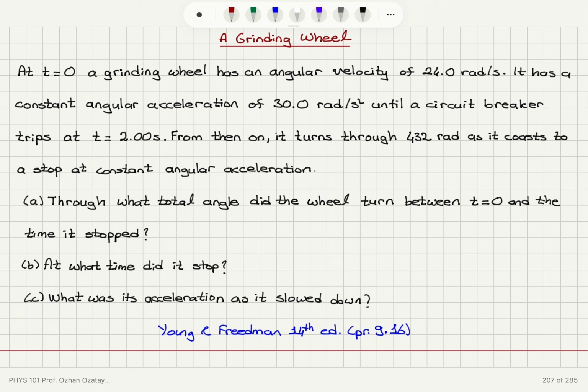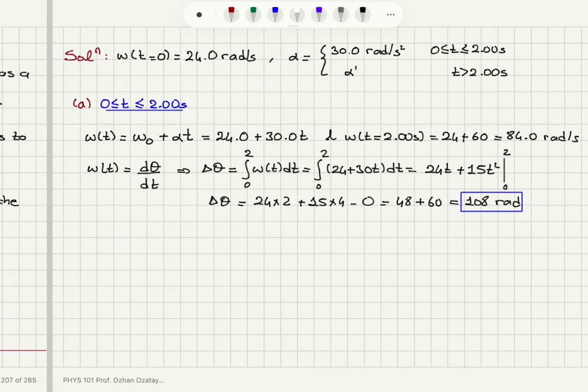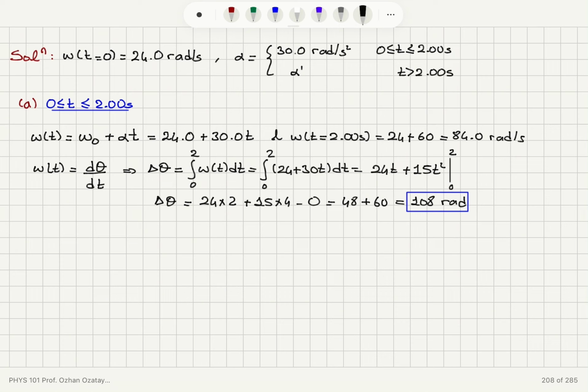So from the point in time where the circuit breaker trips until it stops, it turns through 432 radians. Therefore, the total angular displacement, delta theta total, will be 108 plus 432, which gives us 540 radians.